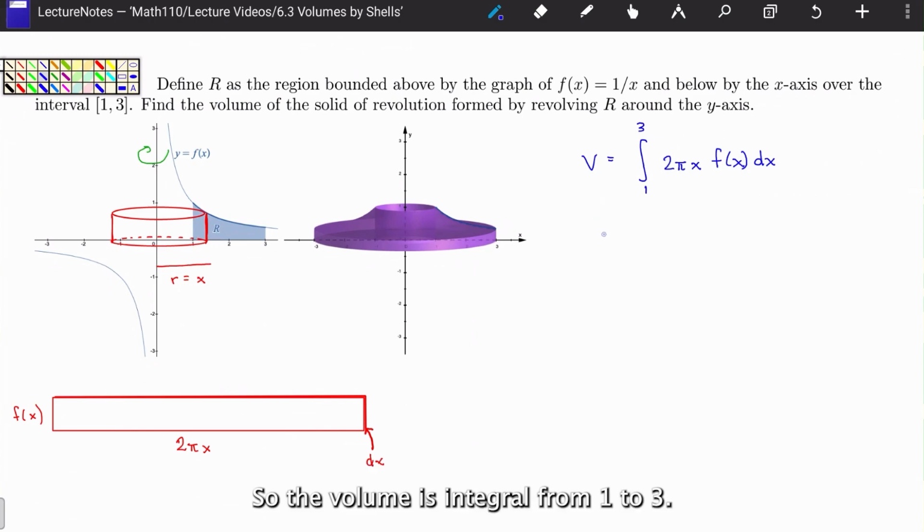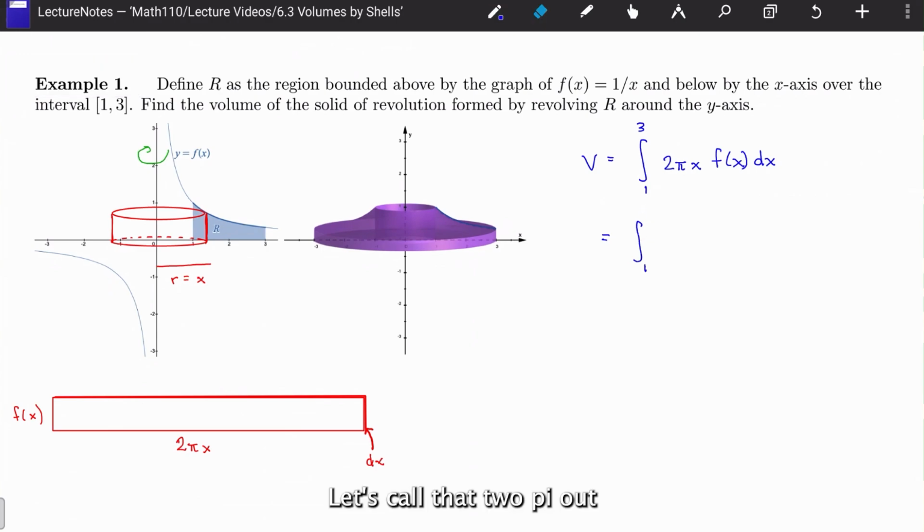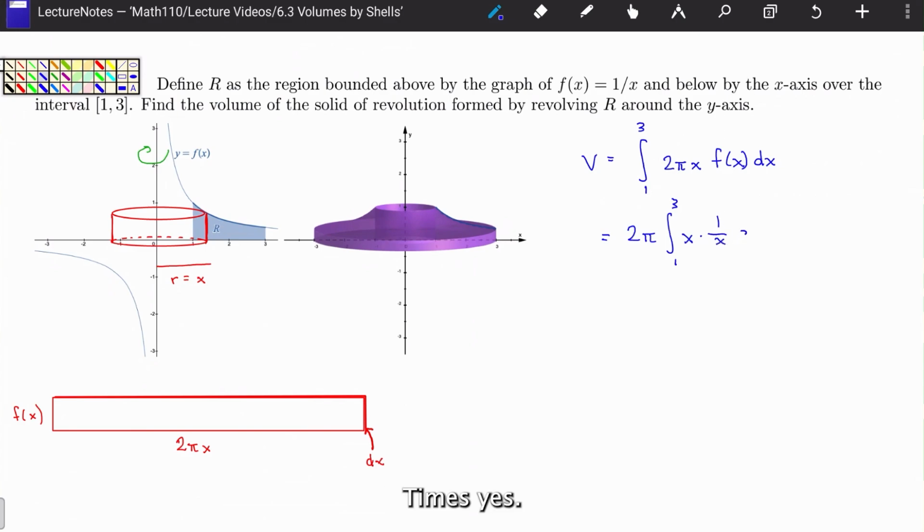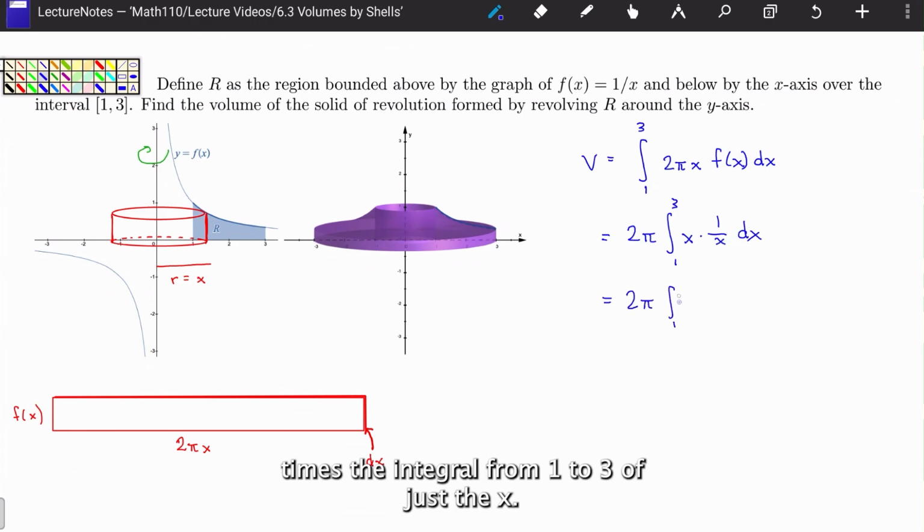So the volume is the integral from 1 to 3. Let's pull that 2 pi out since it's a constant. So 2 pi times the integral from 1 to 3 of x times f of x, which is 1 over x, times dx. So this is 2 pi times the integral from 1 to 3 of just dx.